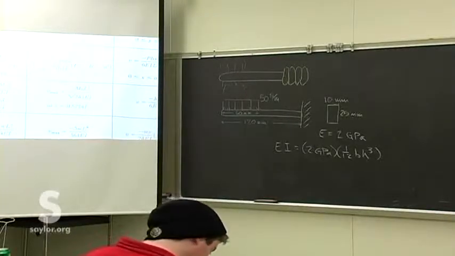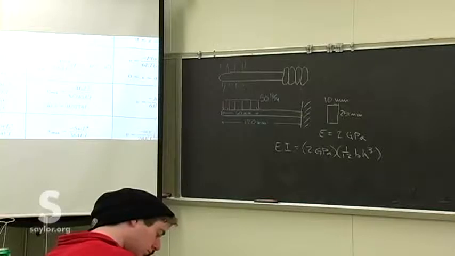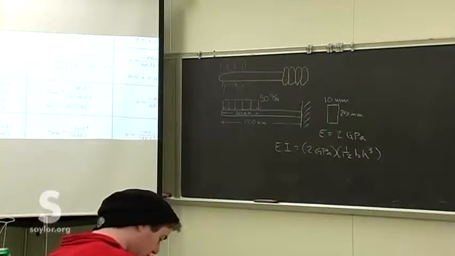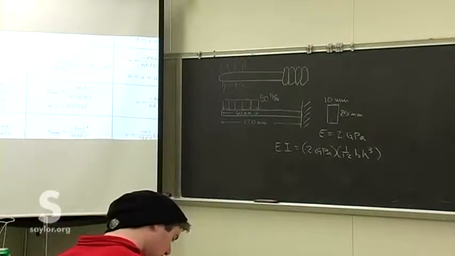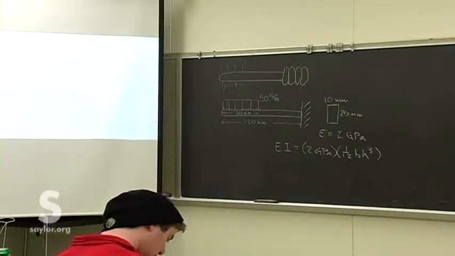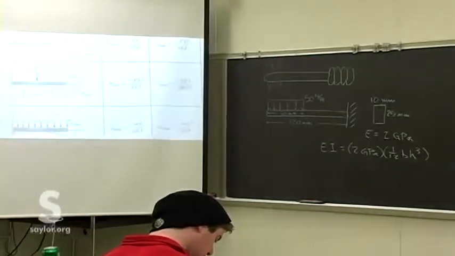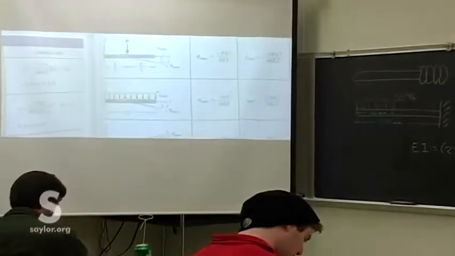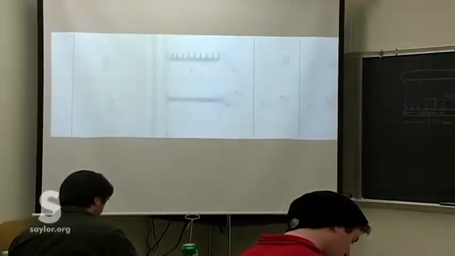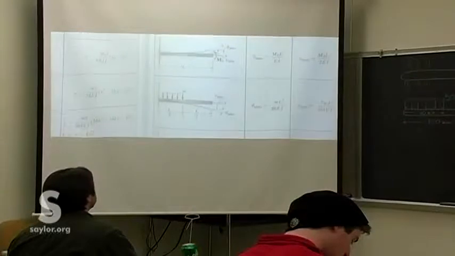First thing to do is check to see if this solution is in the tables. If not, we've got to come up with a solution that represents it. So looking at the cantilever solutions, well, there's a uniform load.